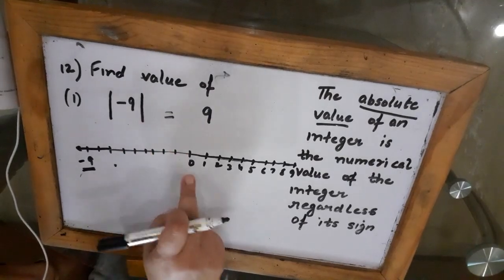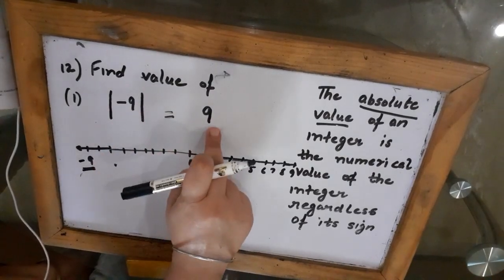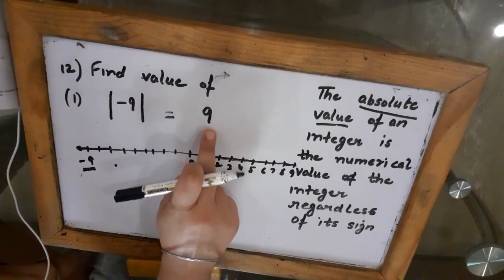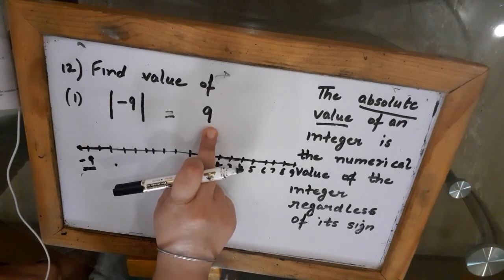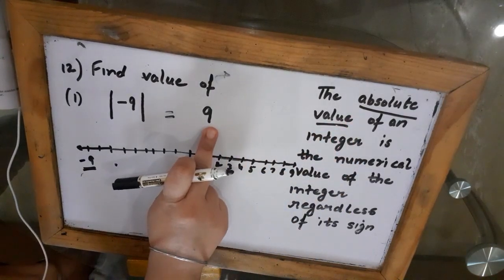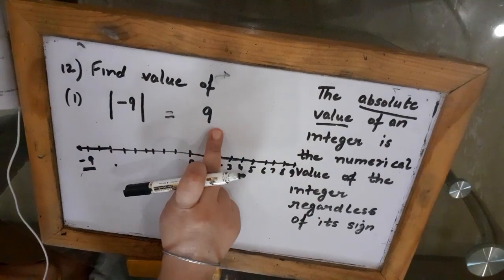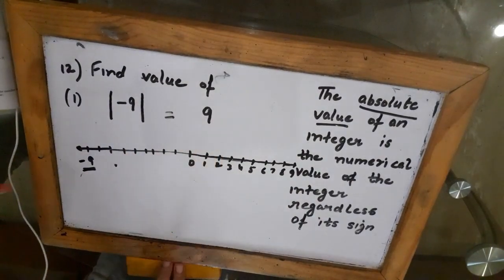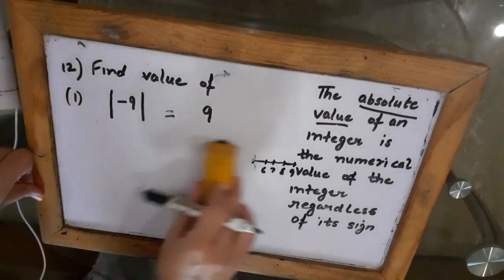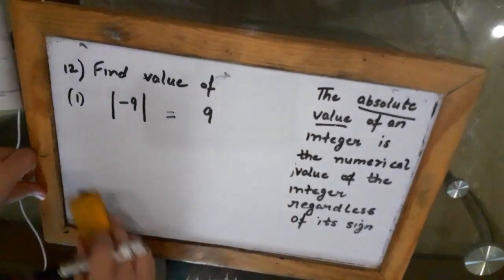So the distance of this 9 from 0 is 9 units, so we don't assign any sign over here. So the absolute value of an integer is the integer itself without the sign. So the absolute value of minus 9 is 9.